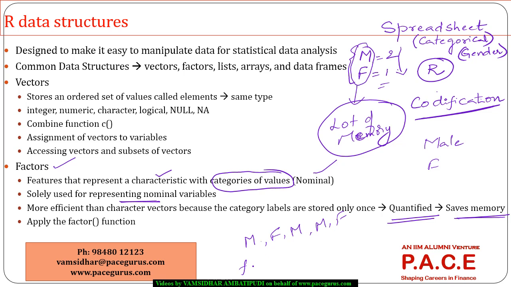Then if I say factor of c(m, f, m, m, f), internally it assigns f equal to 1, m equal to 2, and it will store them as 2, 1, 2, 2, 1 rather than storing them as m, f, m, m, f. So it would be helpful for model building processes at a later point.